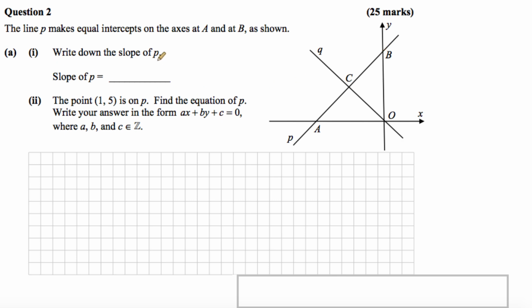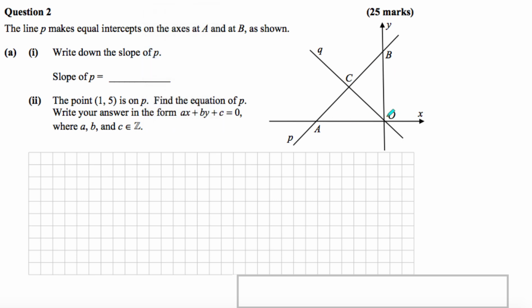Part A1 says write down the slope of P. Well, if it makes equal intercepts, that means this distance, the run, and this distance, the rise, are the same.